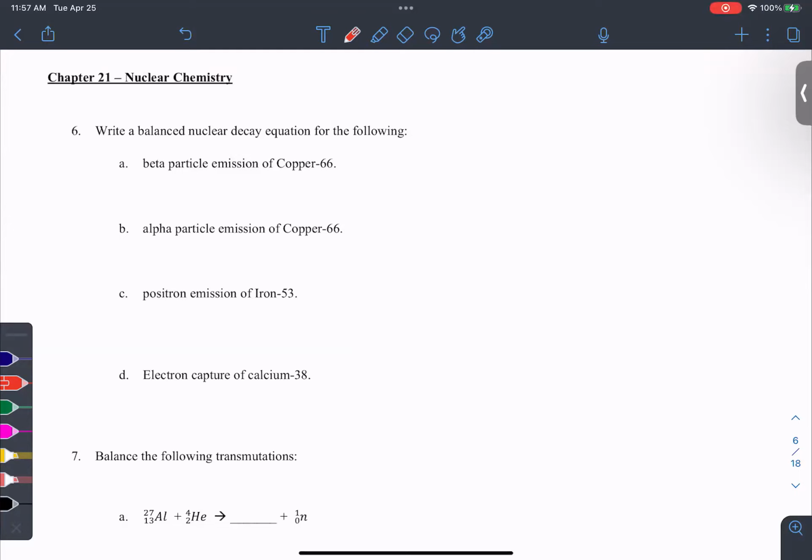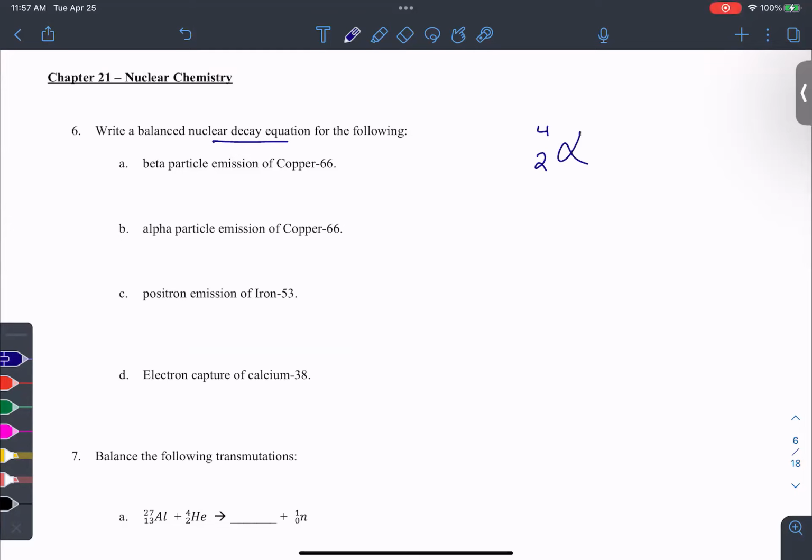All right, so the idea here with nuclear decay equations is understanding the identity of these sources of nuclear radiation and understanding their mass requirements, essentially. So our first one is an alpha particle. It's a helium nucleus, so the mass number is 4, and there are 2 protons present.